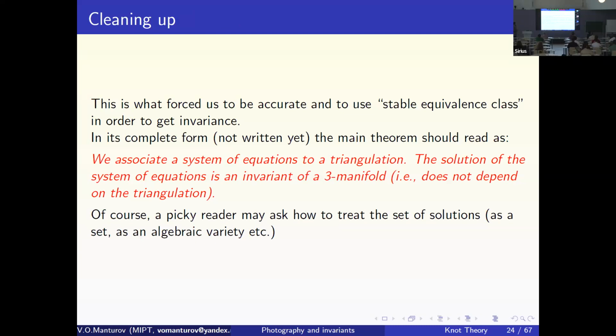So actually, I just comment on slides. Stable equivalence class is something we need to do to get invariance. Well, frankly speaking, we can say the following. If we have, say, a bipyramid in 3-space, A, B, C, D, and then A prime. This is one bipyramid. And we can take another bipyramid, A, B, C, D, A double prime.